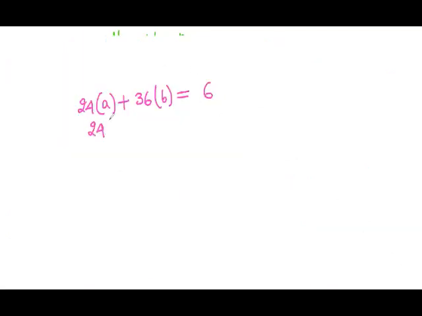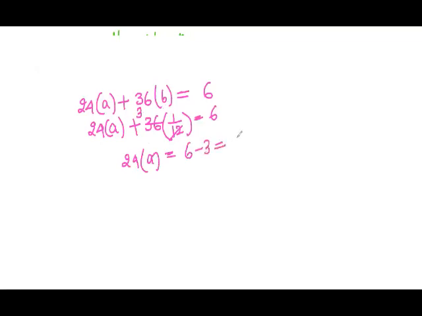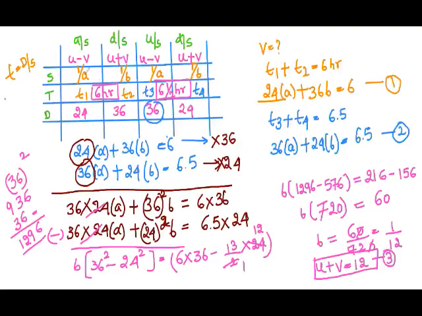So 24A plus 36 times 1 by 12 is equal to 6. 12 3s are 36. Therefore 24A is equal to 6 minus 3, which is 3. Therefore A is equal to 3 by 24, which is 1 by 8.